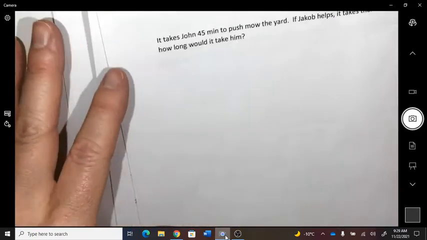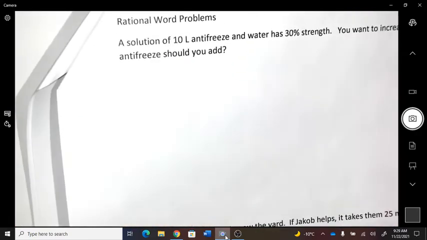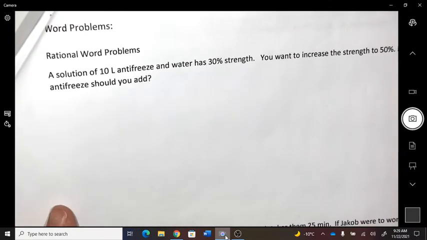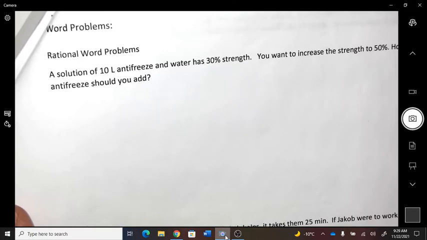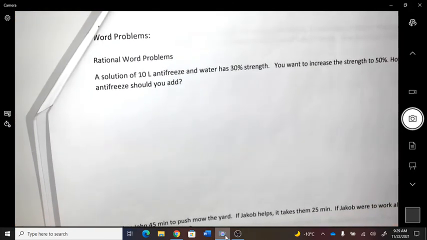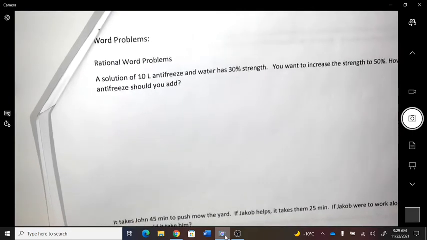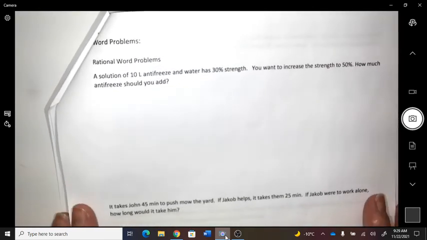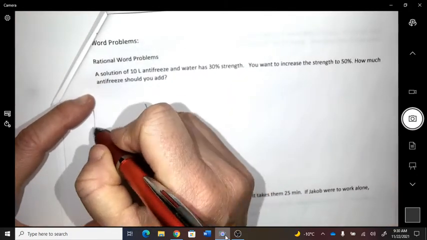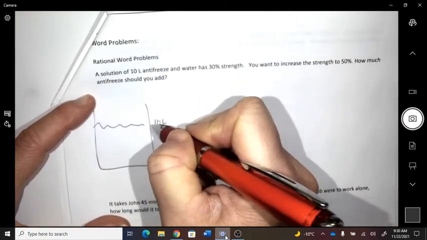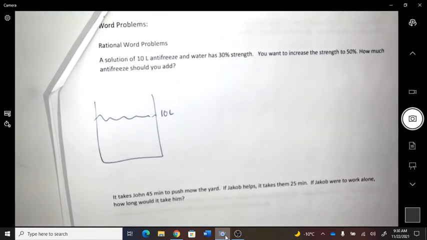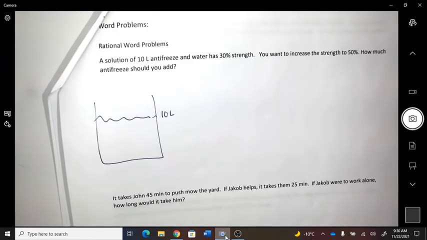Okay, word problems. A solution, 10-liter antifreeze and water, is already 30% strong, and we want to dump more in to make it 50%. So how much should we dump in? So right now, I start with 10 liters of mix.